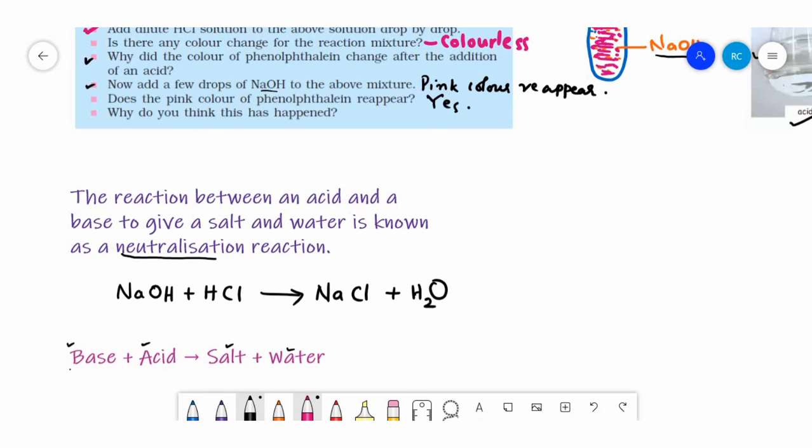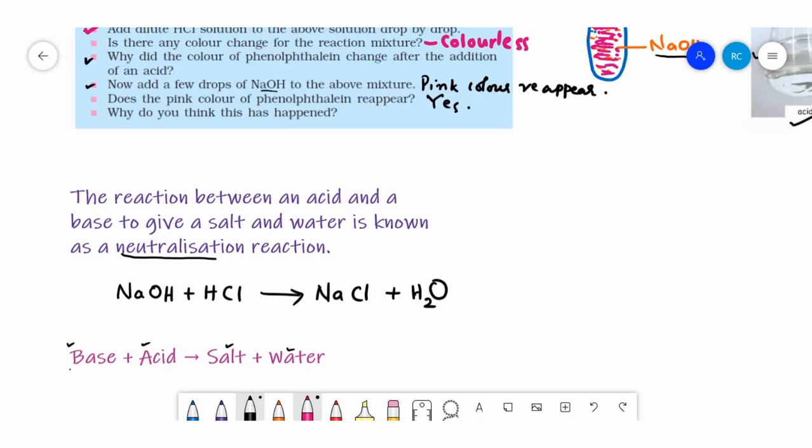The concentration of both solutions should be the same, in equal amounts. That is the one condition you need to understand for neutralization reactions. If you are taking too much HCl and very little NaOH, then the solution will not be neutralized. The concentration should be equal in both cases, and the amount also should be equal. And we can take any indicators like phenolphthalein or methyl orange to do this test.